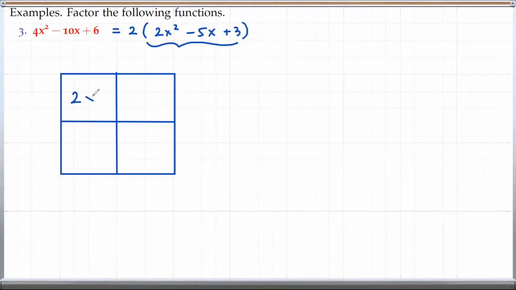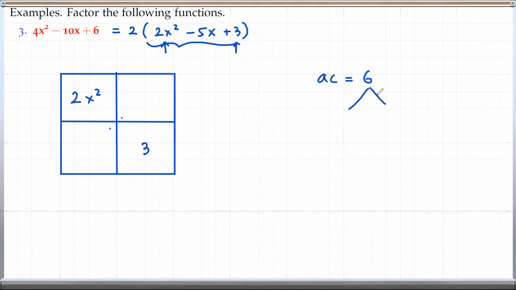We start by putting x squared here and 3 over here, the first and the last term. Now to fill out these two boxes, we need to look at two numbers whose product is AC, which is 6 in this case, 2 times 3, and whose sum is negative 5.